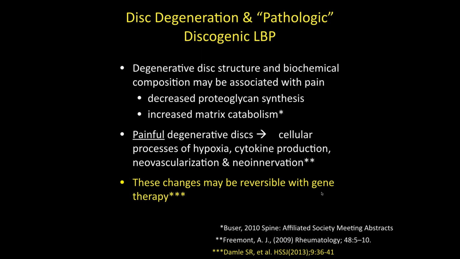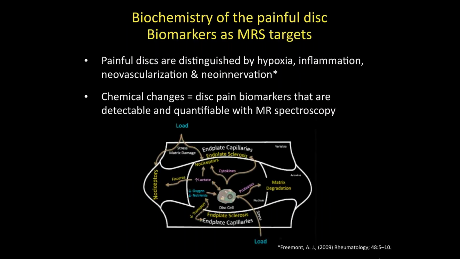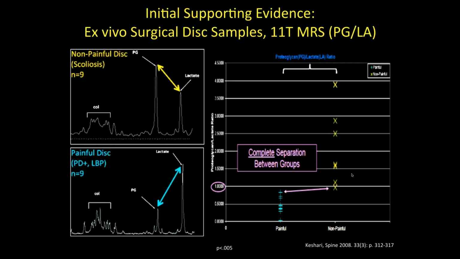Some people hypothesize that if this is the case, then maybe gene therapy could be used to correct these. I think this is all highly speculative at this point, and though these came out a number of years ago, I've not really seen any positive results from these kinds of studies over the last few years. There's a lot of biochemistry that people have evaluated to try to understand what actually causes discogenic pain, and I think it's still very much up in the air.